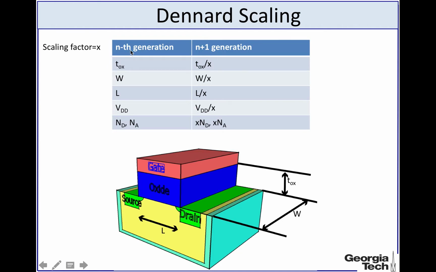Say you have an nth generation of a transistor technology where the oxide thickness is Tox, the width is W, the channel length is L, the power supply voltage is VDD, and the doping of the semiconductor is either ND or NA. The dopant density is ND, the donor density, for a P-type MOSFET, or the acceptor dopant density is NA for an N-type MOSFET.